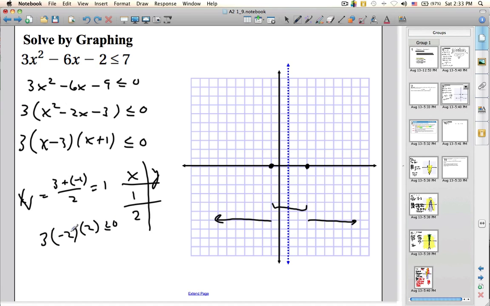So 3 times negative 2 times 2, that's negative 4 times 3 is negative 12. And that's certainly less than or equal to 0. So negative 12 would be all the way down here. There's 11, 12. When I plug 2 in, that, by the way, is also my vertex, 1, negative 12.